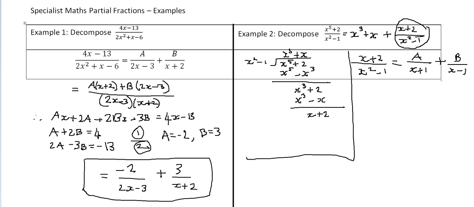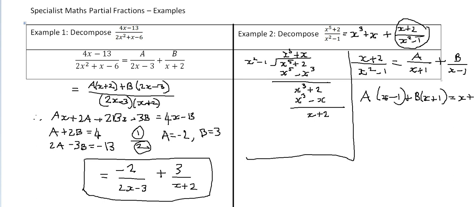Okay, so what have we got here? So again, we do the cross multiplication. We're going to get a times x minus 1 plus b times x plus 1. That should equal x plus 2.